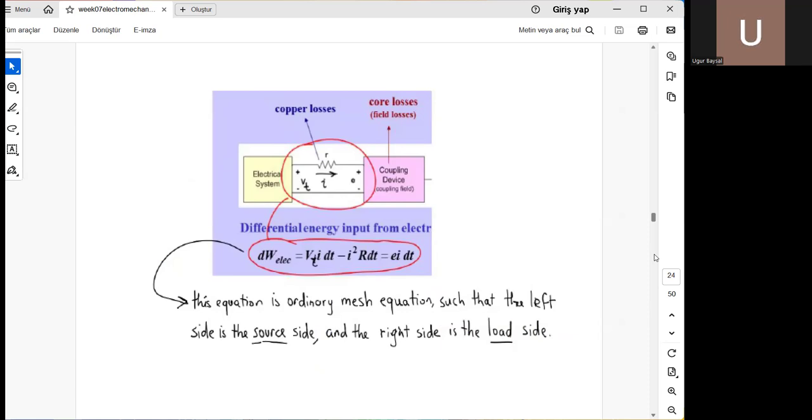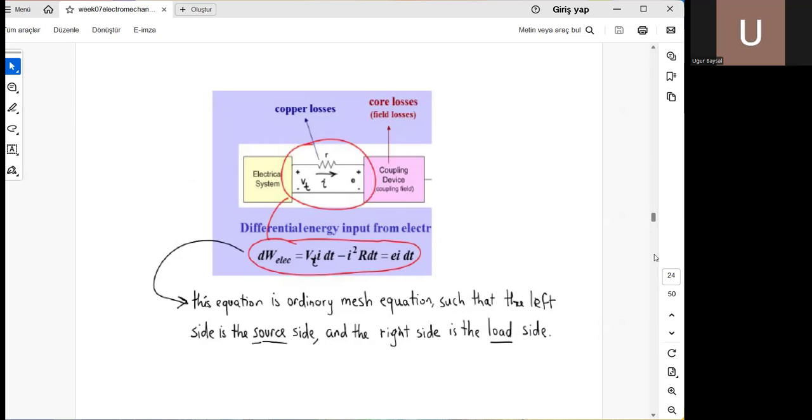Change in the electrical energy, if you remove the loss components, the copper losses, I squared R losses in the wires, is just converted to the magnetic system's induced voltage times current type of power, or in energy terms on the right side, as you see, E times I times dt.